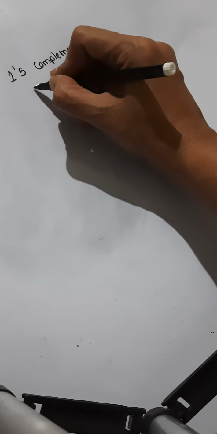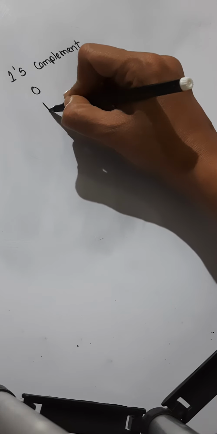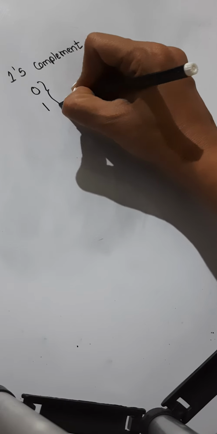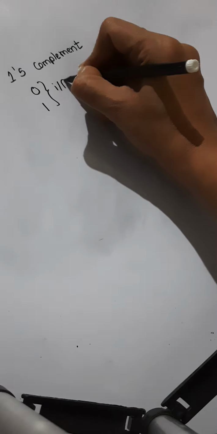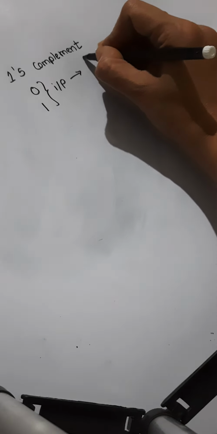As you know, one's complement is taken on a given binary number. Binary numbers are defined by 0 and 1. If you are giving this as an input, you will get an output as 1 and 0 respectively. So let's start with the string.